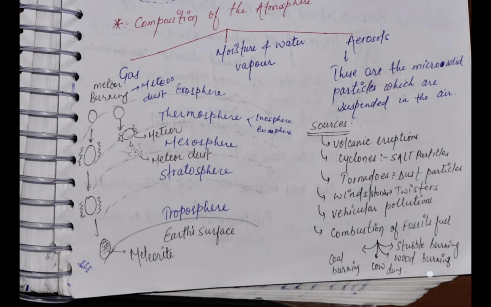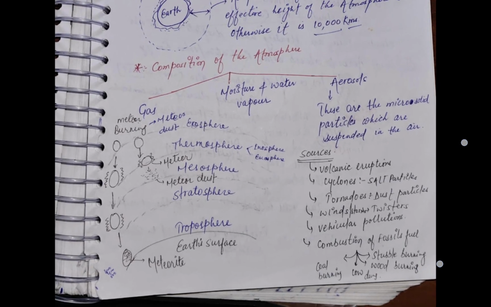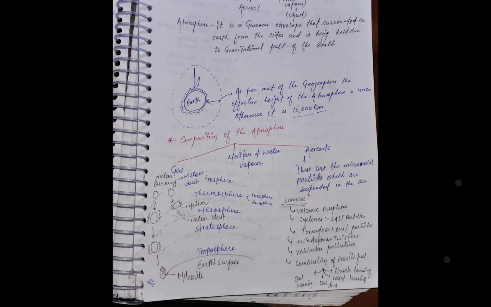There are various sources of this aerosol. It can come into the air through volcanic eruption, cyclones, tornadoes, winds, or from pollution, burning coal, stubble burning, meteor burning.